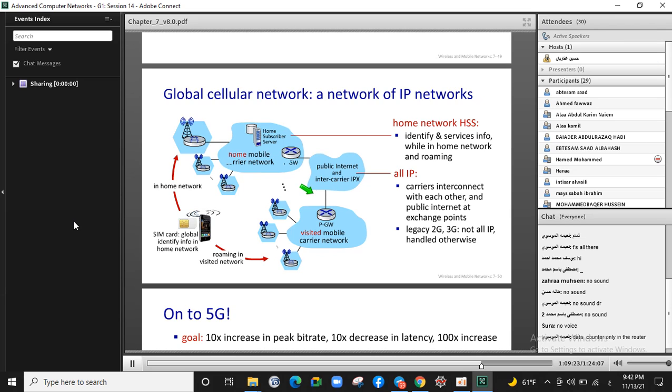So I can say that everything, my mobile home carrier network, everything here in these clouds, every place, every network is only IP based, and if I want to send information from one site moving across this tree, I can use them.